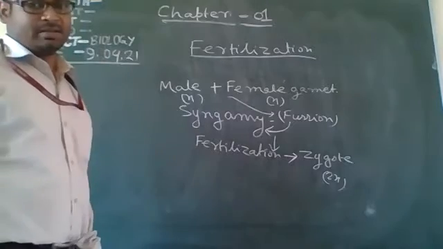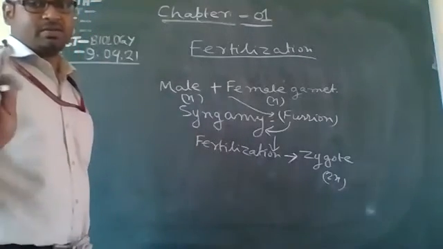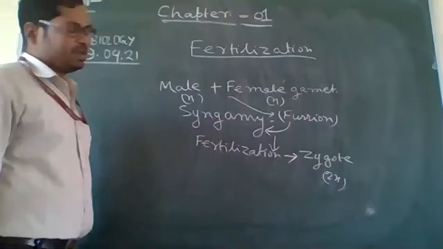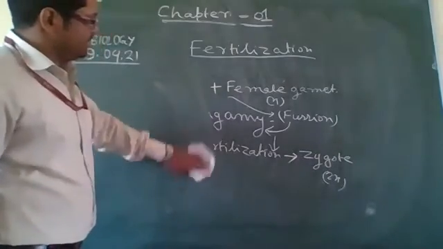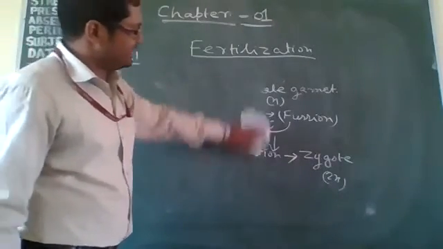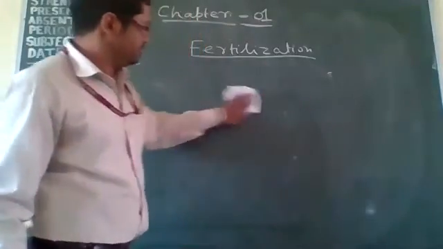But the important thing is that fertilization is mainly of two types: internal fertilization and external fertilization. You already studied the fertilization chapter in class 10, in the chapter Why do organisms reproduce?